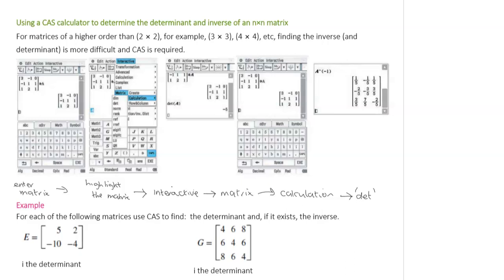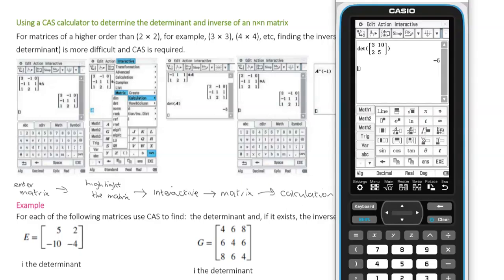To find the inverse of a matrix, it is as simple as entering that matrix and then putting it to the power of -1. So if I whip out my CAS and use the same matrix again, I'm going to highlight it and drop it down here. I can use this button here, and to the power of -1, and press enter.